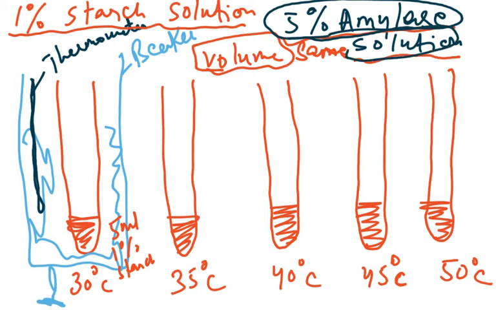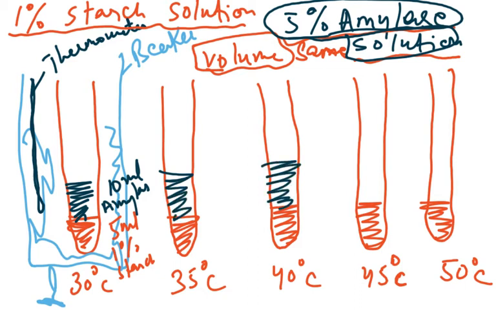We're going to say take 10 ml of the amylase. All of these will have 10 ml of the amylase: 10 ml amylase here, 10 ml amylase here, and 10 ml amylase here.